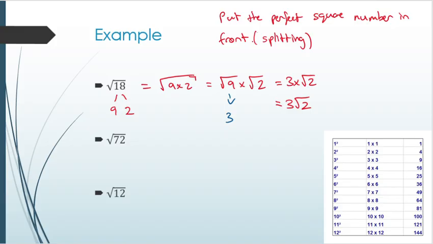Okay? Now, let's go with the square root of 72. There are two combinations that you can use: 4 and 18. But remember the rules.